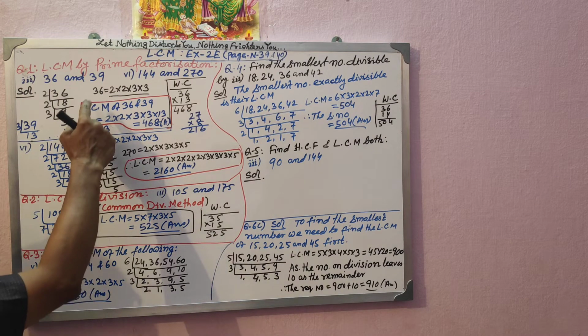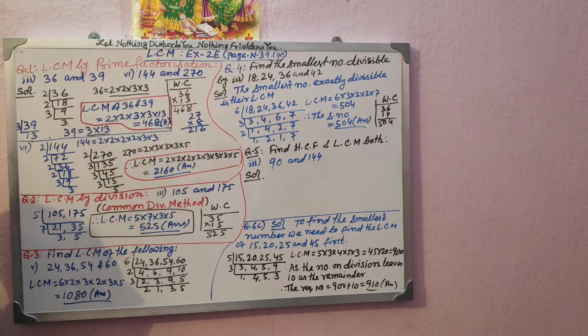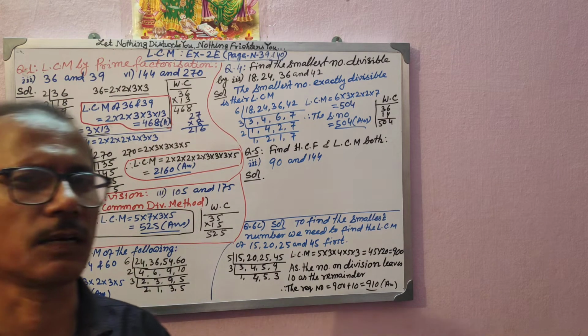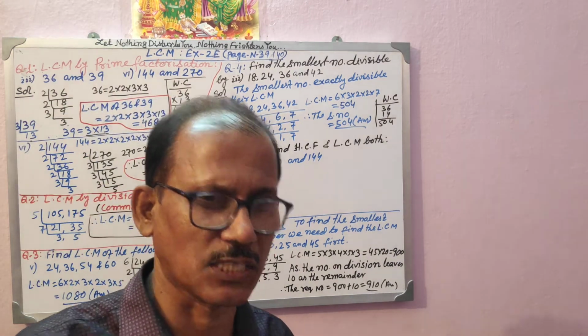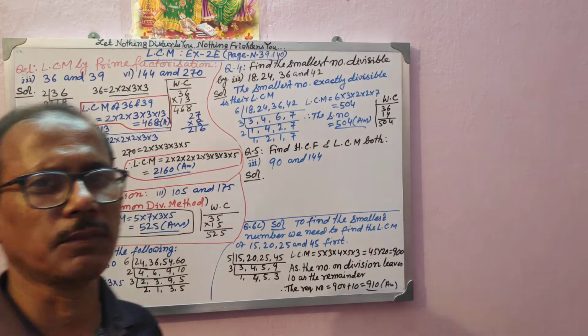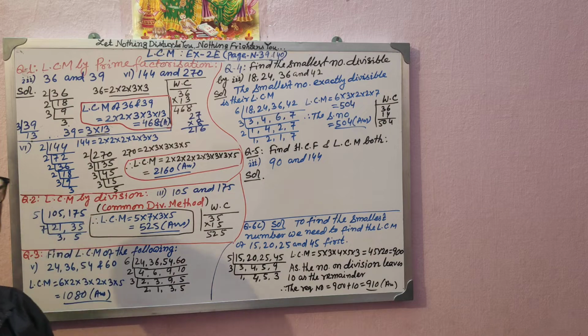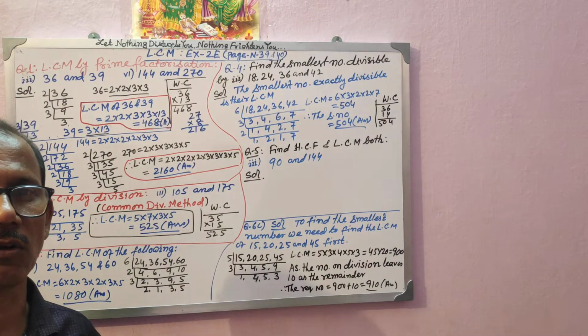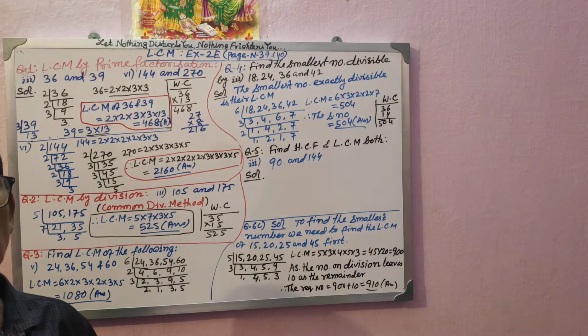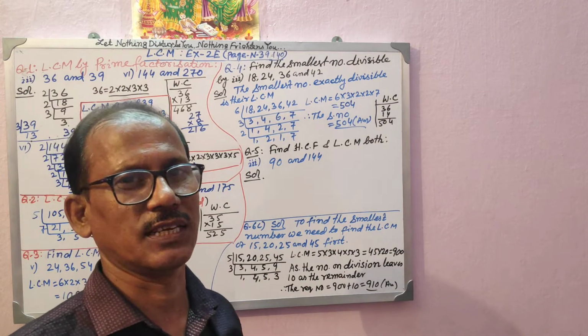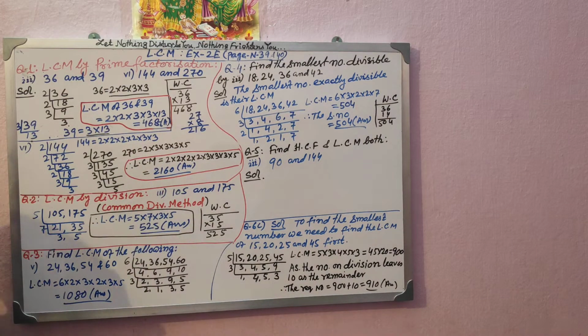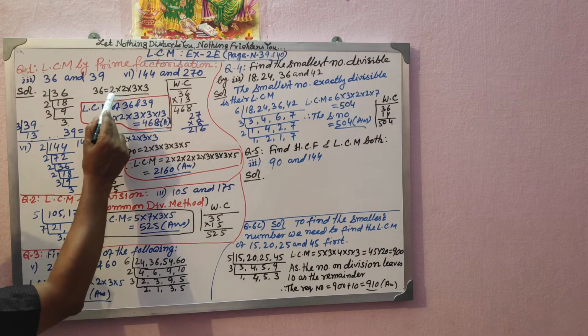For every number, a particular prime factor is repeated some number of times. The maximum time the prime factor is written, from that number pick that prime factor to its highest index, we say. If we learn the power, it will be 2 to the power 2.